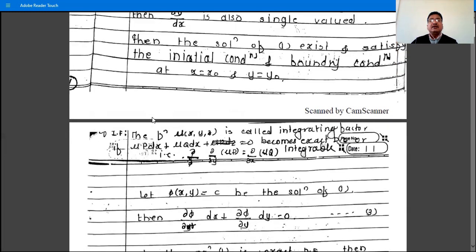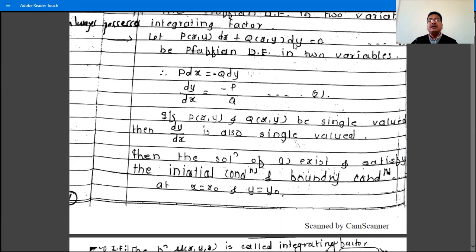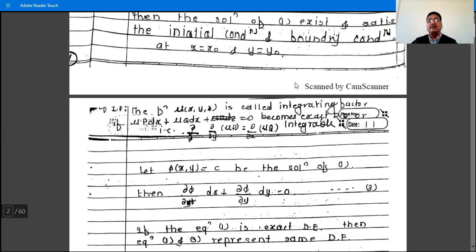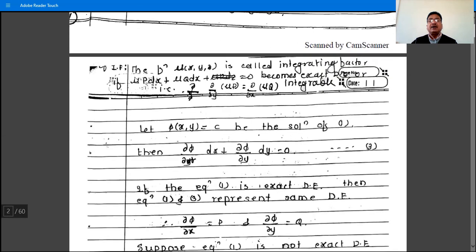That is, the given differential equation P dx plus Q dy is not integrable, but if we multiply by that function of x and y, which we denote by mu, then it becomes exact or integrable.